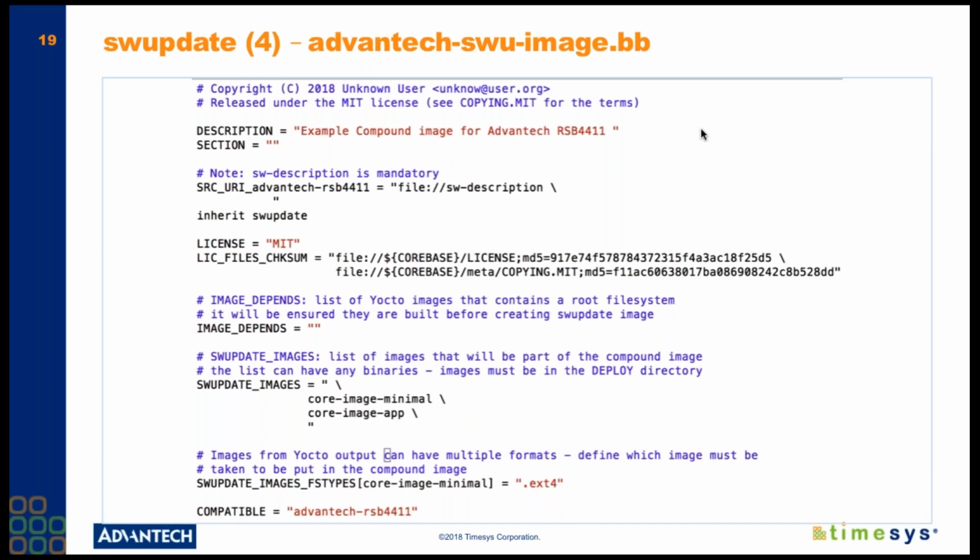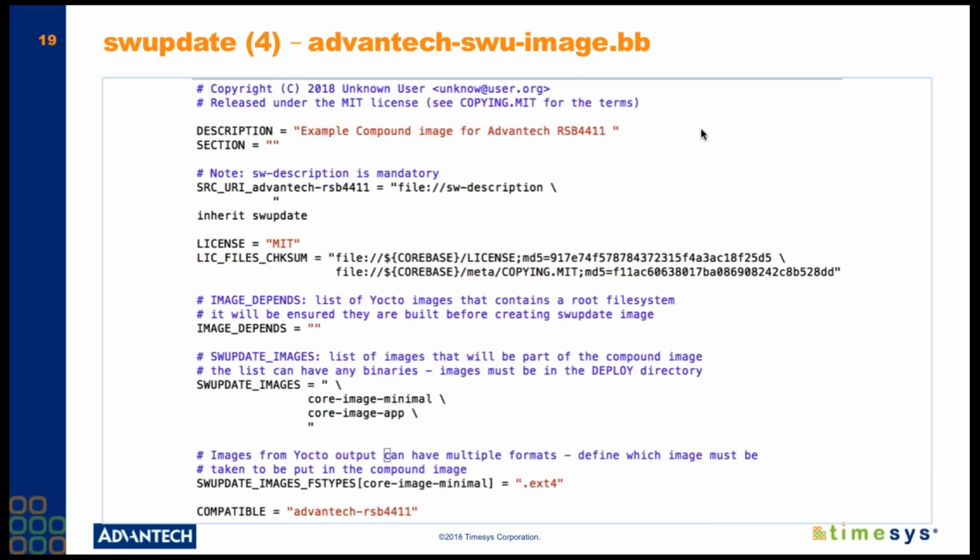So this SW description has to be used somehow to build this update image. And to build an update image, we can use Yocto itself. There is actually a meta layer for SWUpdate, which I'm going to mention in the next slide. But this is a recipe here that I show you as an example of how to build a software update image.